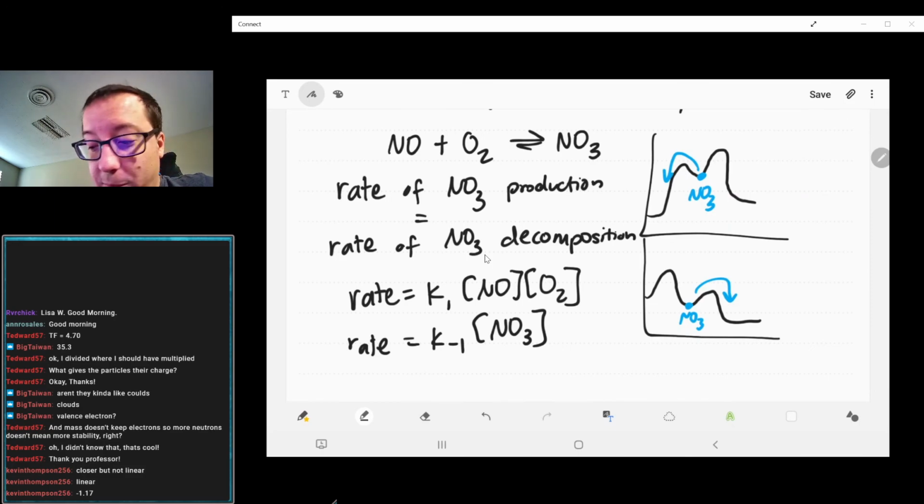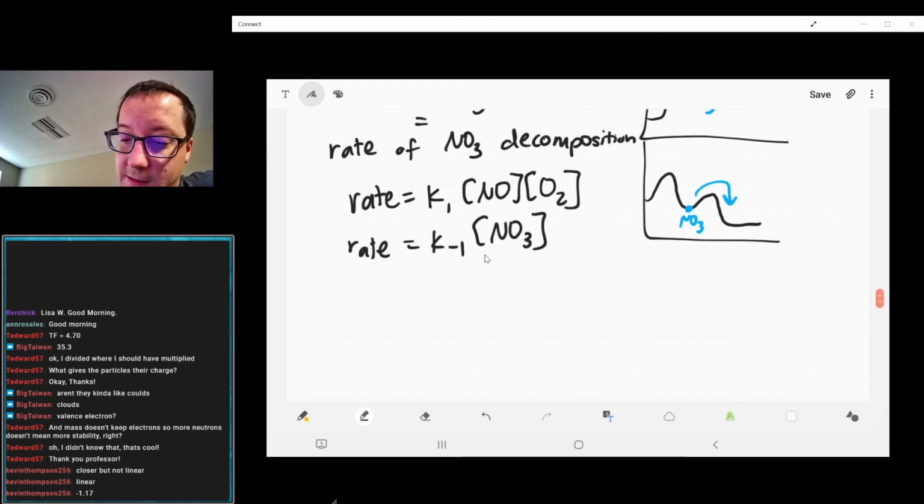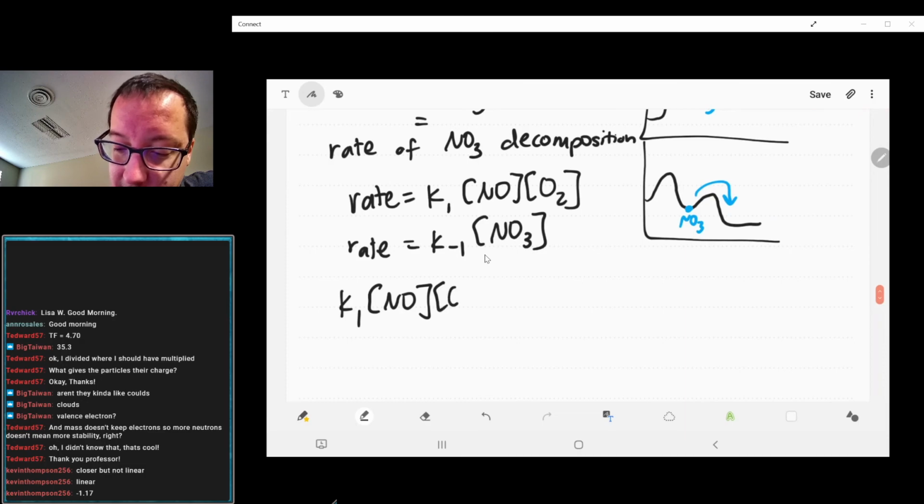We could say the disappearance of the reactants or of the products. So, if we're going to say that the rate is the same because they're reversible, happening back and forth, we can say, therefore, that these are going to be equal to each other.